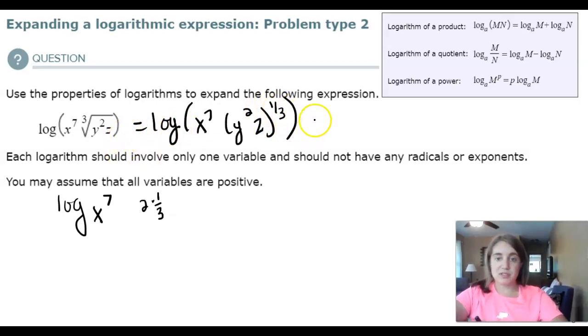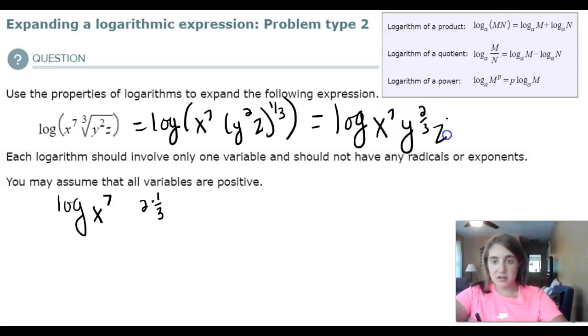Rewriting that, square root is the same as 1/3. So it's like log base x is what that ends up looking like.